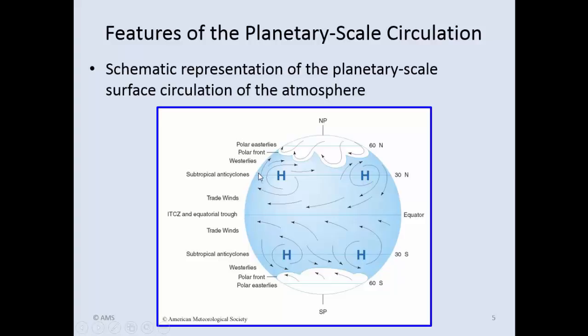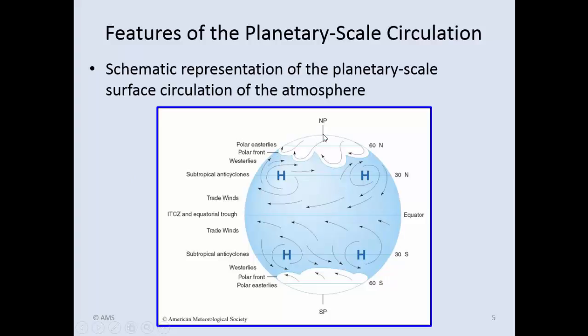Then we move up here into the subtropical anticyclone or high pressure area. That's going to be relatively dry weather. Then that's the second zone. The third zone is going to be along this polar front where warm air is going to ascend and lift over that cold polar air and create low pressure systems, subpolar low.